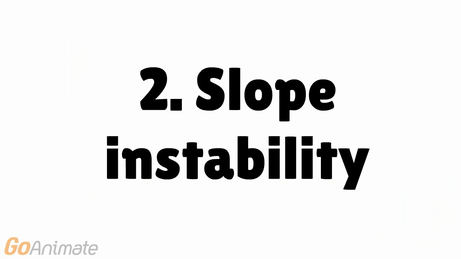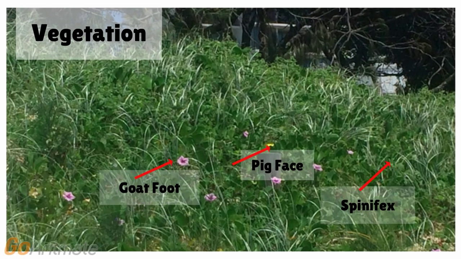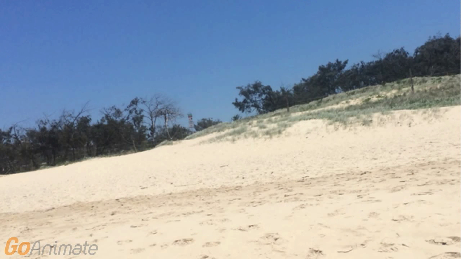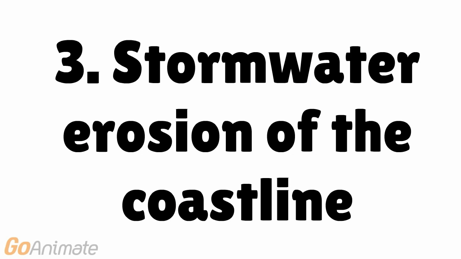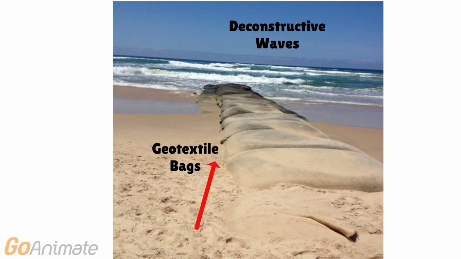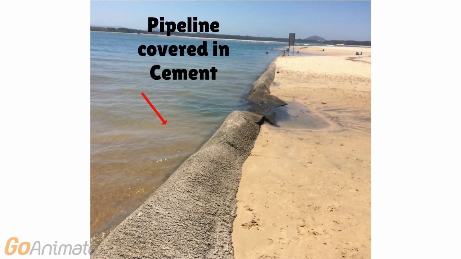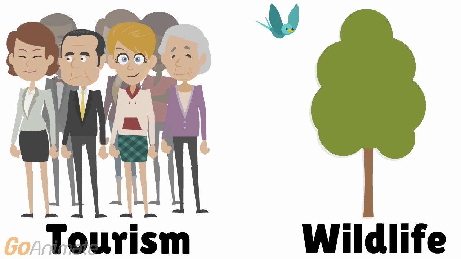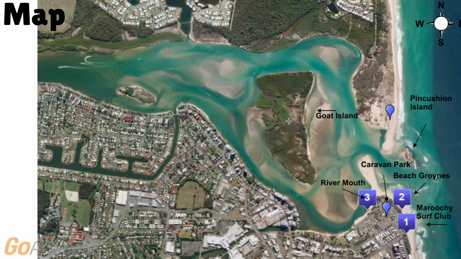Slope instability. Vegetation has been put on the sand dunes to help them become more stable. Stormwater erosion of the coastline. Sandbags were evident to reduce erosion. Entrance instability. A pipeline with cement has been used to stop erosion. All these problems have an impact on tourism and wildlife.